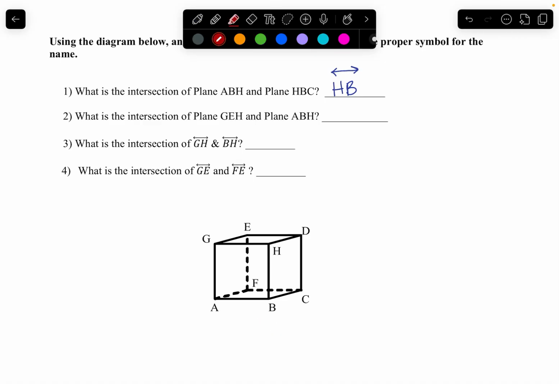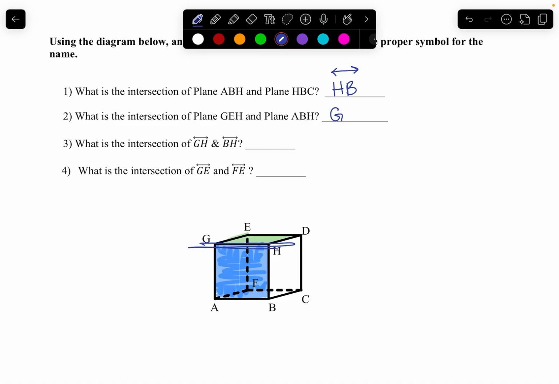Let's look at the next one. Okay, we've got plane GEH, that's the top plane here. And then plane ABH, which is our front plane again. I guess I didn't have to delete that front plane. Now, we need to determine the intersection of those planes, and hopefully you can see that those planes intersect at line GH.